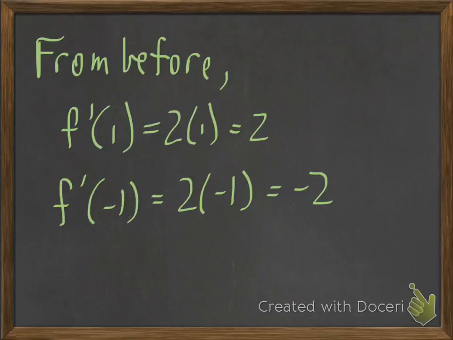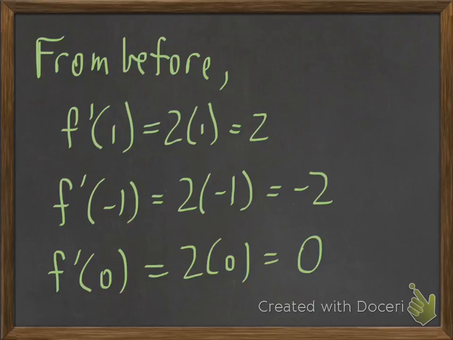And f prime of negative 1 should be 2 times negative 1, which is negative 2. And now see how easy it is to find the slope of the tangent line at any point. So for example, f prime of 0 is going to be 2 times 0, which is just 0. So computing the derivative as a function now allows me to have a formula for the slope of the tangent line at any point to the graph.